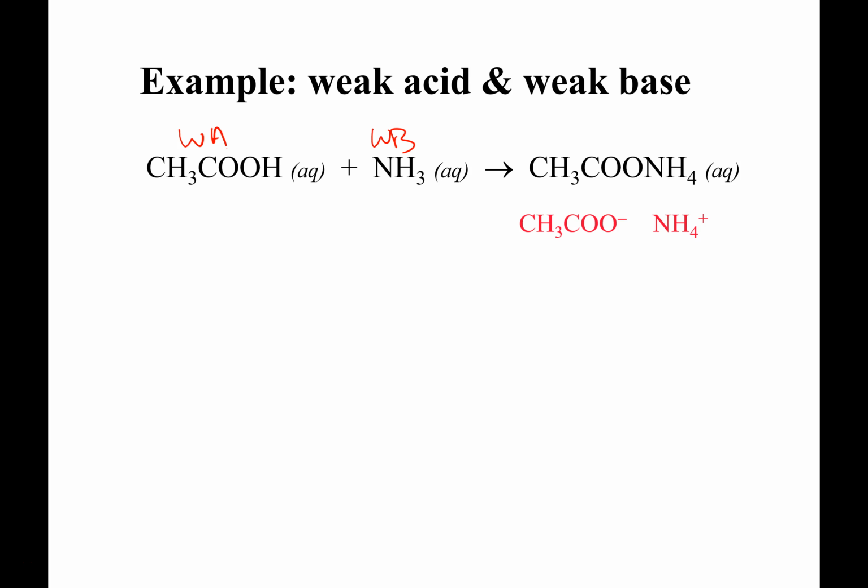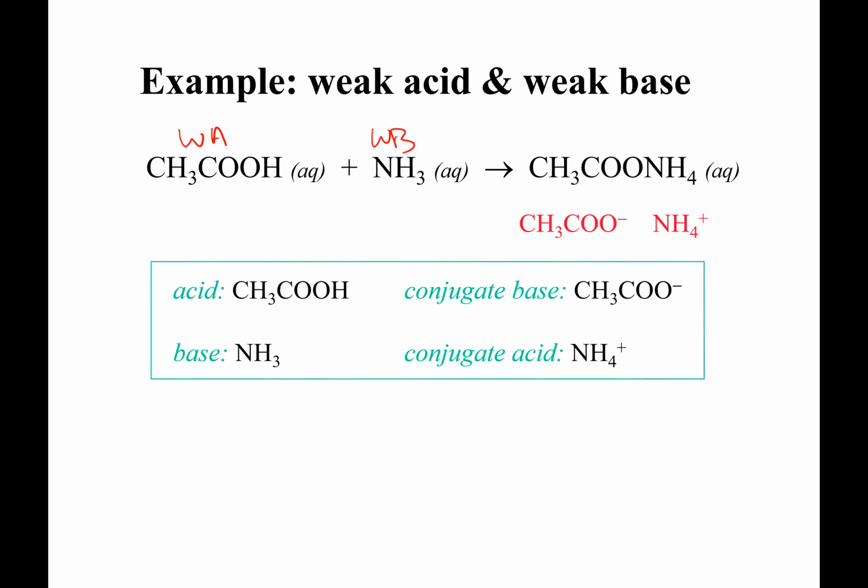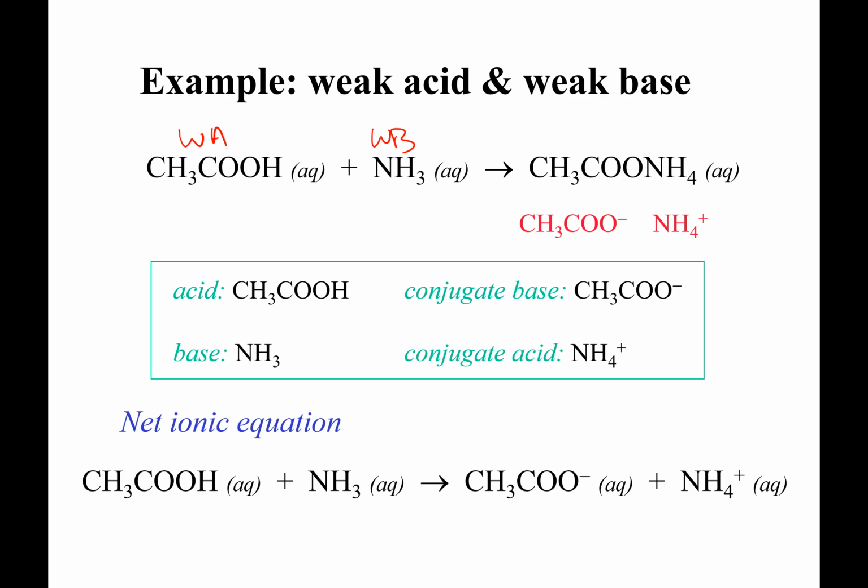Looking on either side of the reaction arrow, here are your two pairs differing by a proton, CH3COOH and CH3COO minus, NH3 and NH4 plus. So our net ionic equation looks like our original equation. All right, that's the 4 options there.